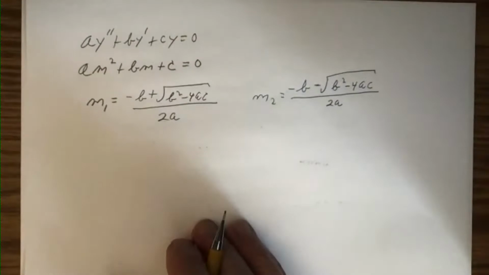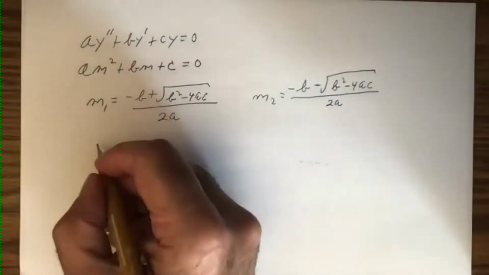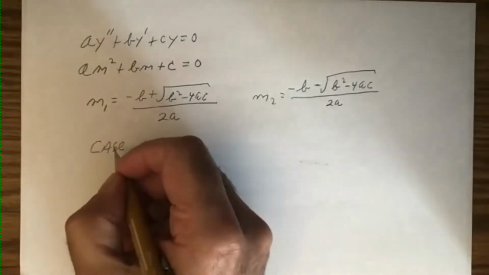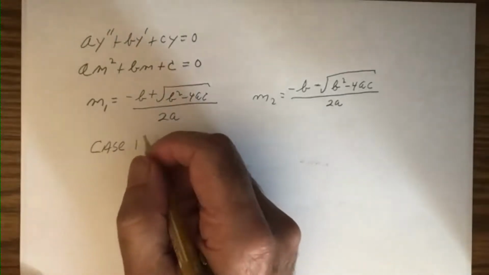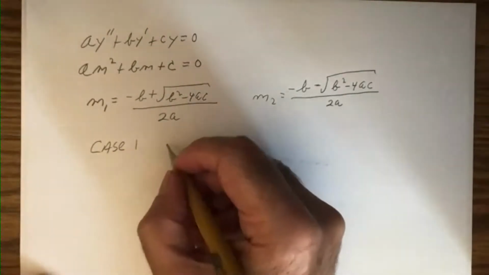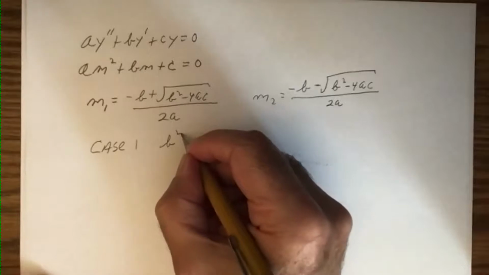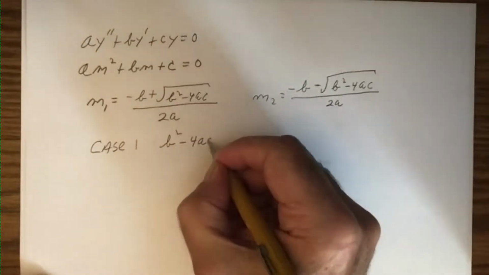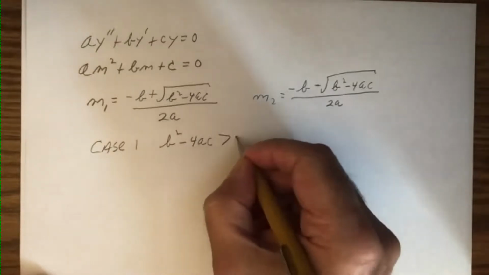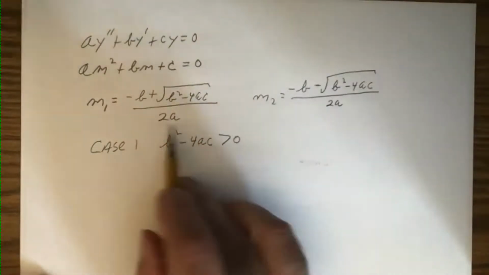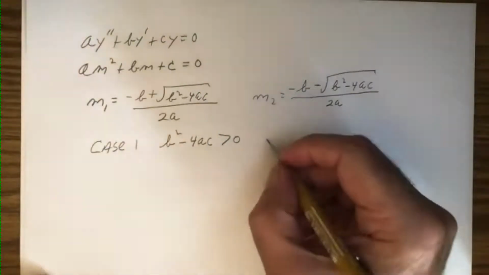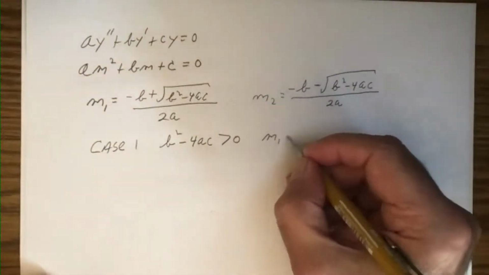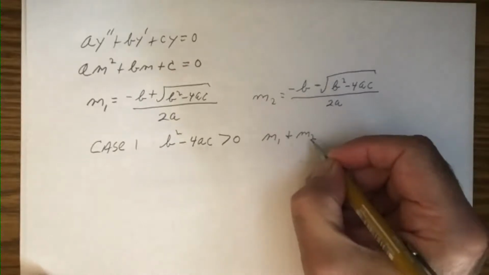All right, so what are the different cases? Case one: if you take a look at b squared minus 4ac, which is called the discriminant, and it is greater than 0, then m1 and m2 are going to end up being different.